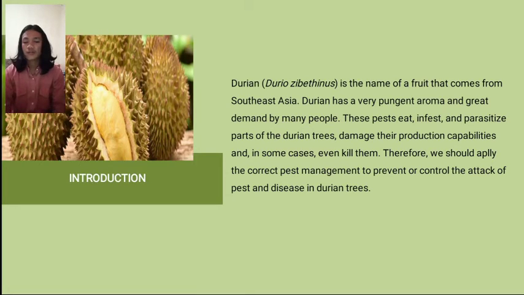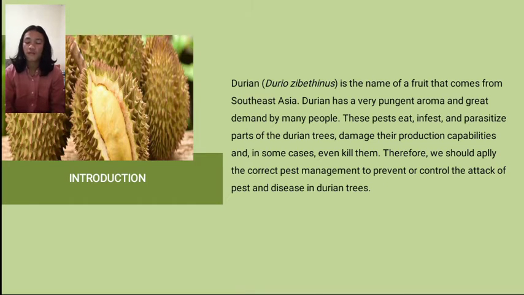Okay, the first is the introduction of durian. Durian, or Durio in Latin, is the name of a fruit that came from Southeast Asia. Durian has a very pungent aroma and is in great demand by people in the world, and in Indonesia, of course.